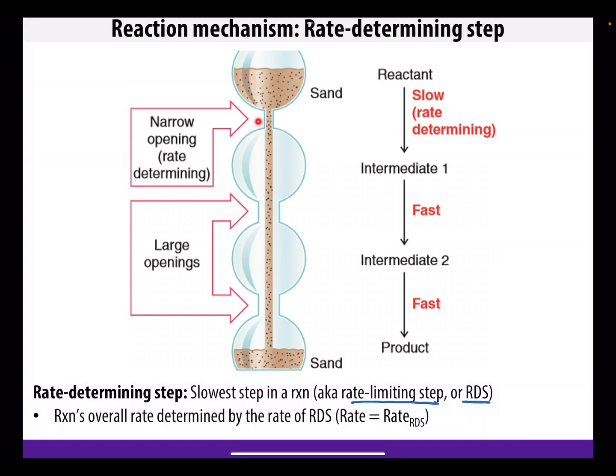This narrow opening is what determines the rate that sand falls through the entire system, through all these bulbs. These large openings later on really don't affect the rate. It doesn't matter if I make this bigger or this one bigger. It's just this first step here, or in this case, the rate determining step, that determines the rate of the overall reaction. So our first approximation is that the rate is equal to the rate of the rate determining step.